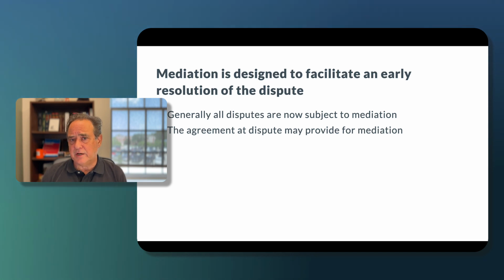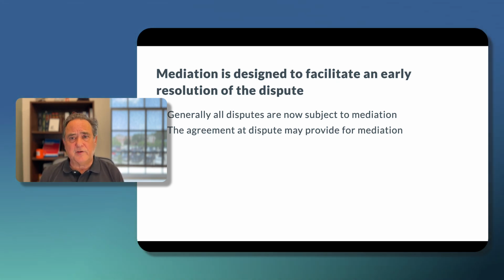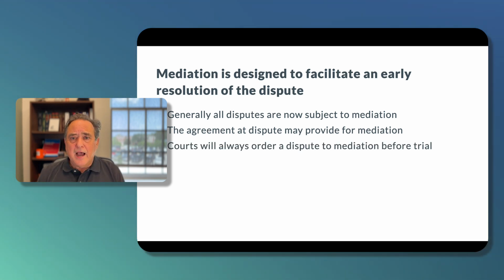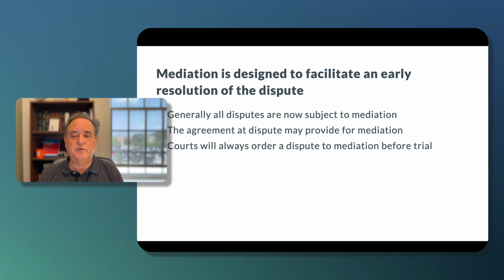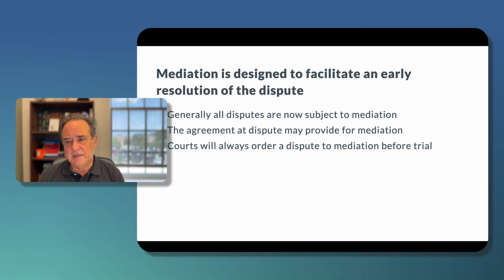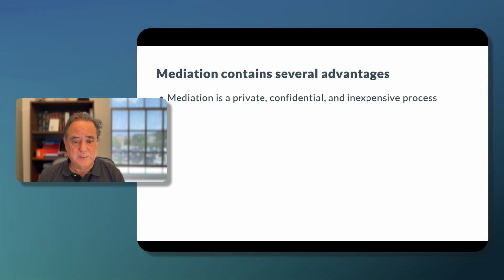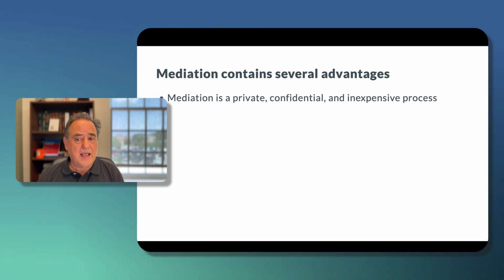Now, sometimes there's an agreement between the parties. In the contract itself, it may provide for mediation. And again, usually courts will always order a dispute to mediation before trial. Now, there's a lot of advantages to mediation, starting with the idea that it too is private, it is confidential, and it is inexpensive.